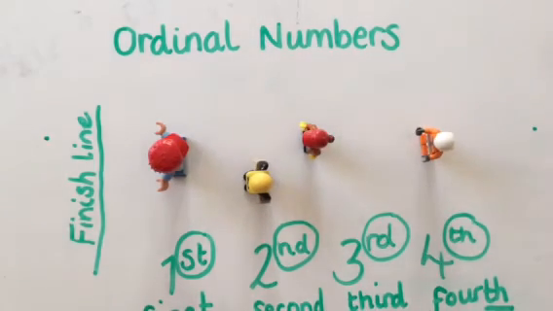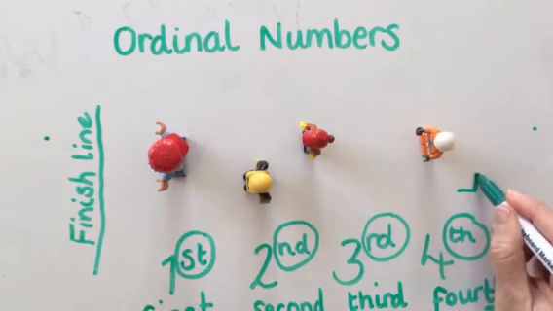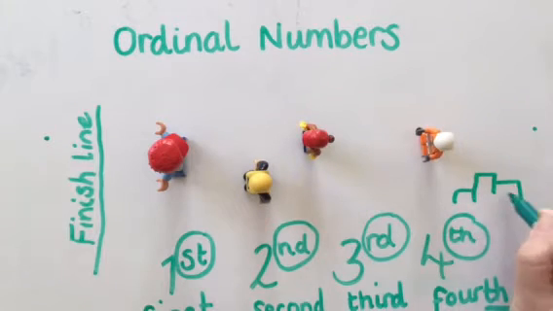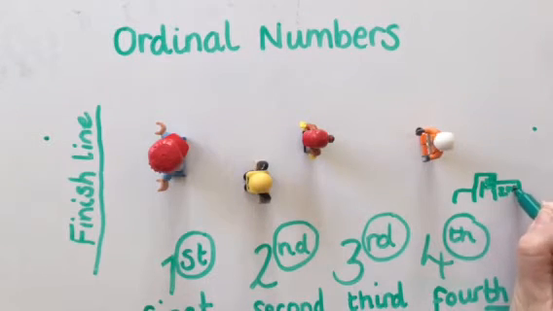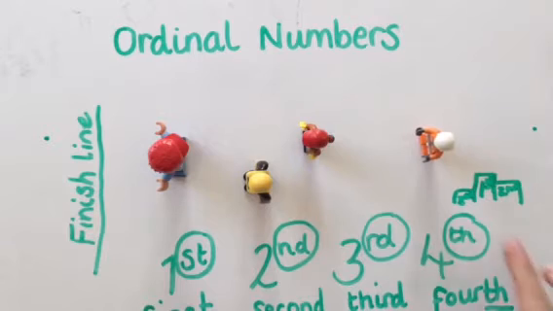Okay, you might see on a Grand Prix the winners having their trophies and things, and it's got first, or they sit on the tiers. I don't know if you've seen the tiers in the Olympics and things like that. So you might have first, and you'll have second, and they're at different heights as well to show you their position of winning as well.